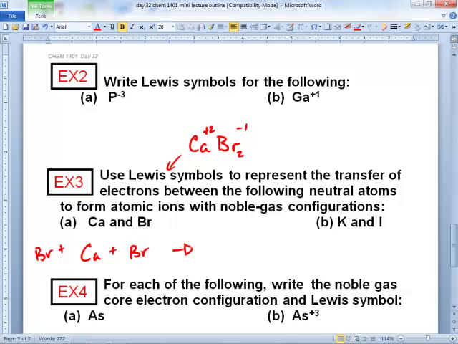Do the same thing for the potassium and iodine. Once you get it and it agrees with the folks around you, do the same for the potassium and the iodine. You can kind of cheat first and figure out what compound it's going to form.